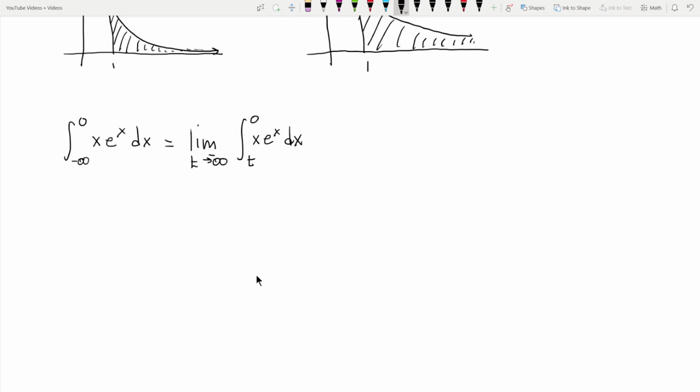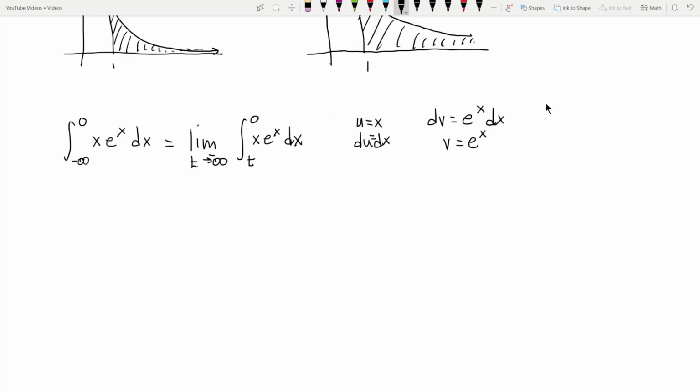All right, now we have to integrate x e to the x, and that's going to be an integration by parts. So we take u equal to x, so du is dx, and we take dv equal to e to the x dx, so v is e to the x.